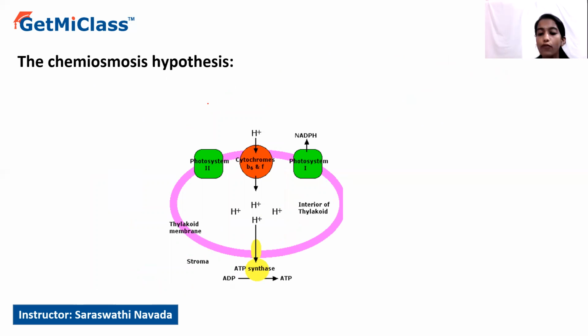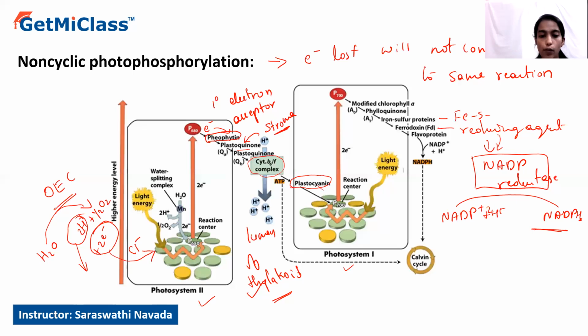In case of non-cyclic photophosphorylation, for each molecule of water, totally 4 hydrogen ions will be added to the thylakoid lumen, right? That is the total number of hydrogen ions added to the lumen of thylakoid during non-cyclic photophosphorylation: 2 from the splitting of water, and 2 hydrogen ions from the transfer of electron from plastoquinone to the cytochrome B6F complex.